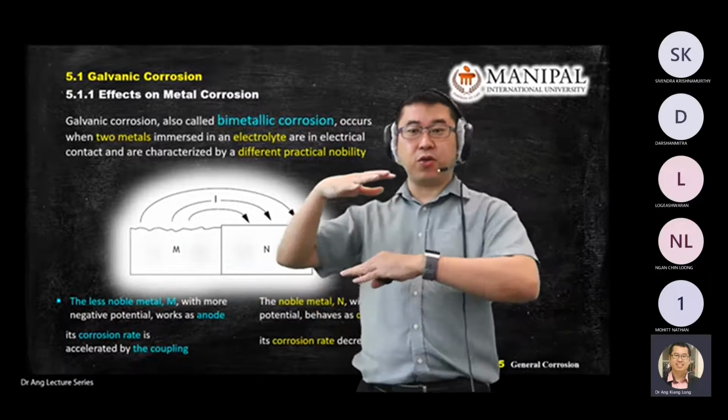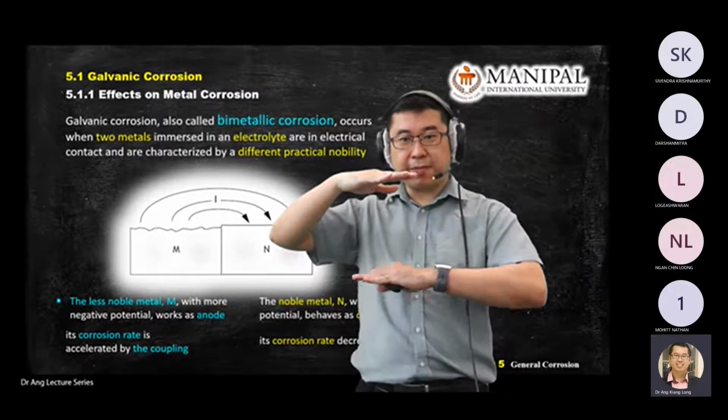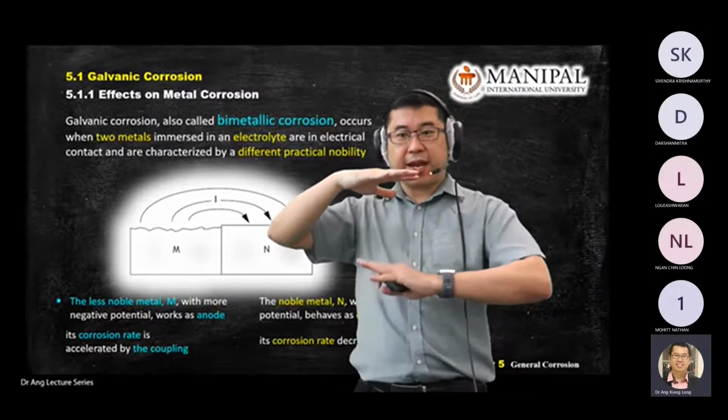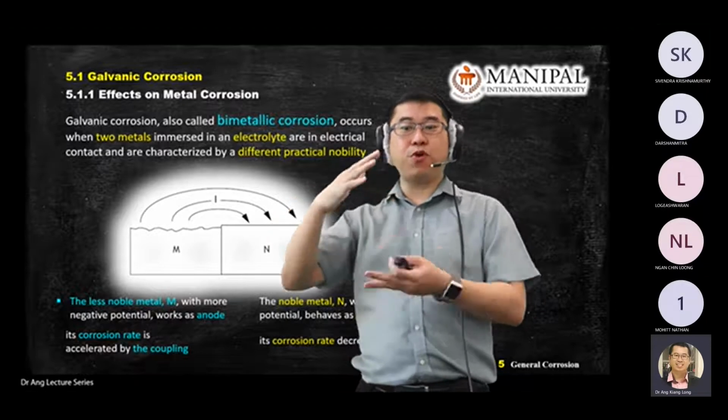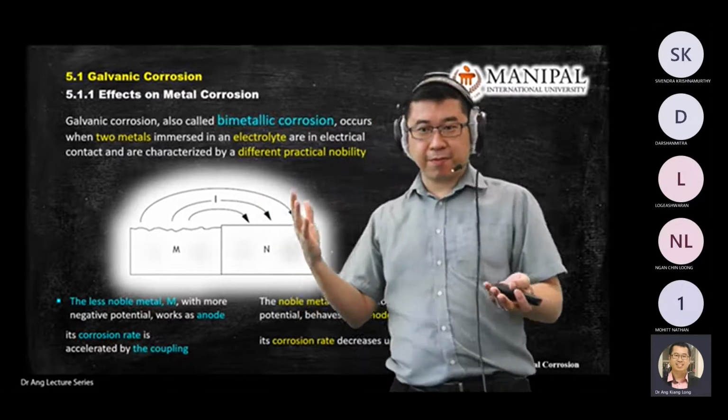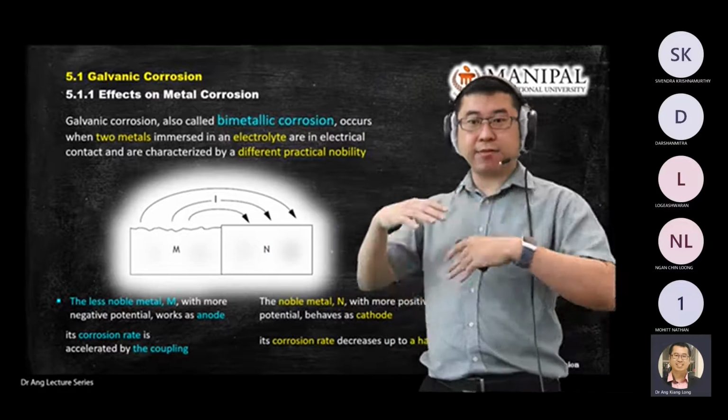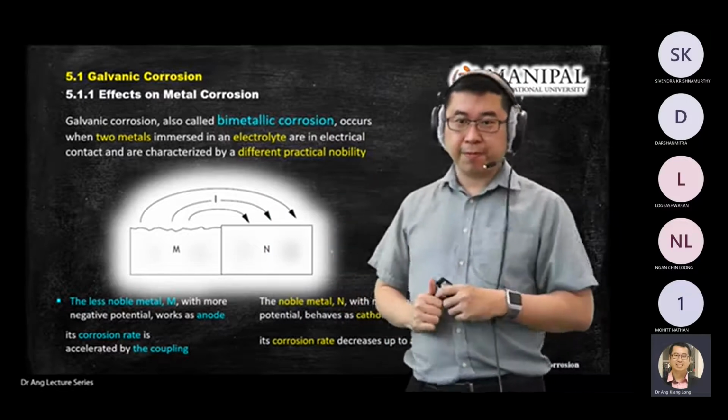The lower nobility metal, or the anode, can no longer give electrons. No more electrons to give, then the corrosion will stop.